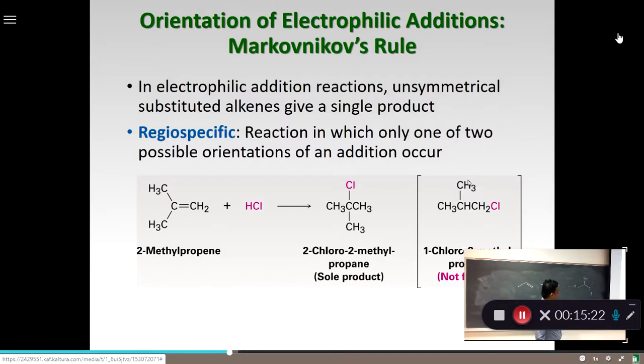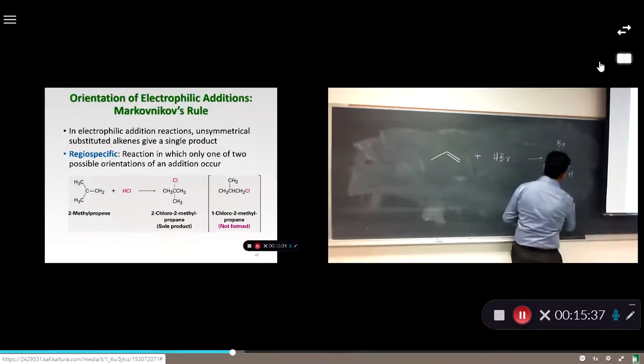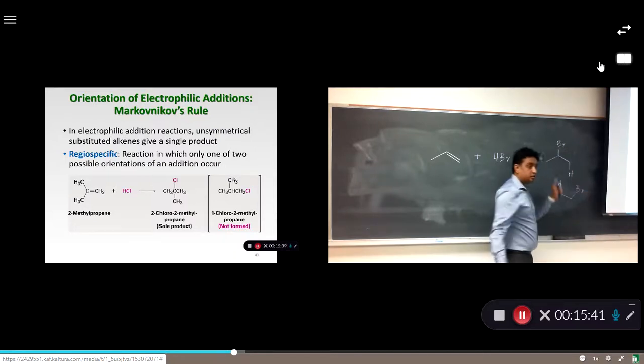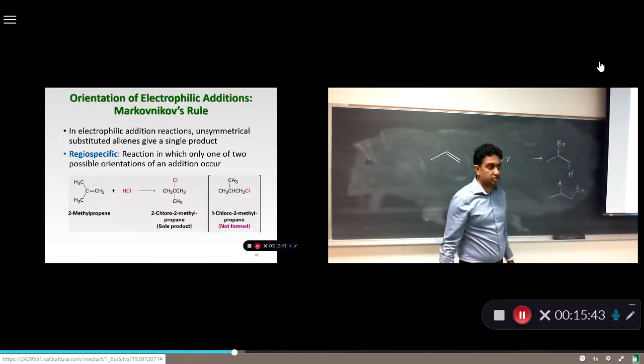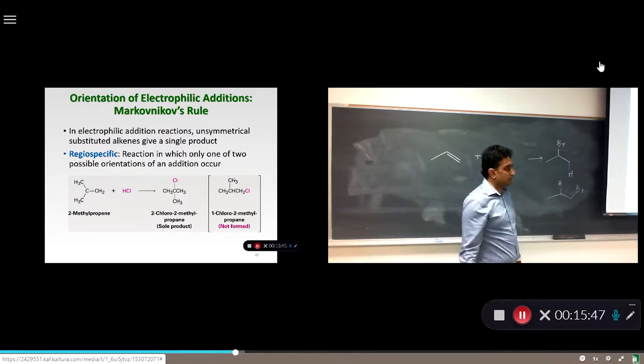But did you ever wonder why I put the hydrogen on the carbon at the end and the bromine in the middle? No, right? You never asked that question. I could have drawn it like this, because we use this double bond, so the hydrogen could come to this carbon and the bromide could go to this one. So there are two possibilities for this reaction.